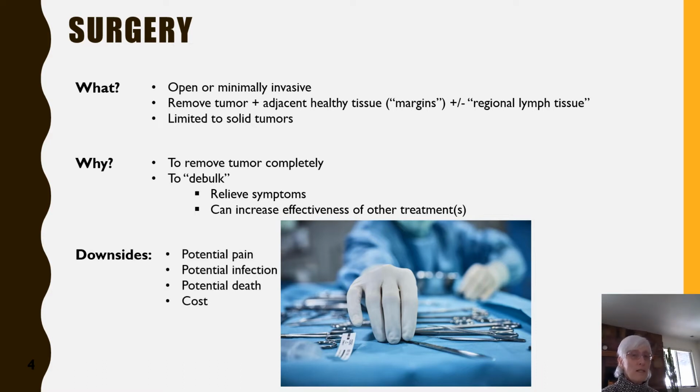The downsides associated with surgical treatment of cancer include pain and potential infection. Obviously, somebody who's undergoing surgery is going to be sedated, so there are some risks associated with that sedation. Sometimes people die from that. And of course, surgery is not an inexpensive option, so it's expensive.